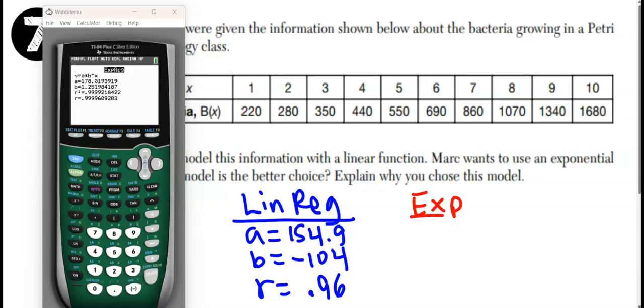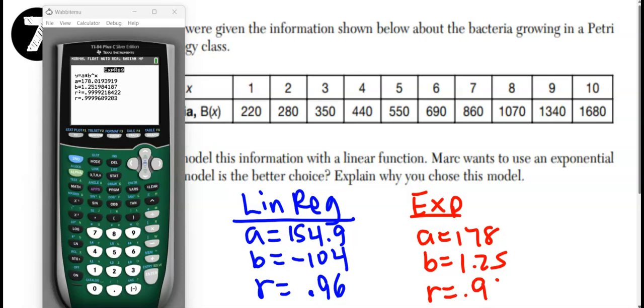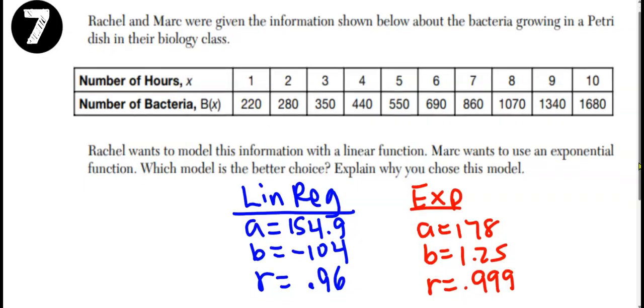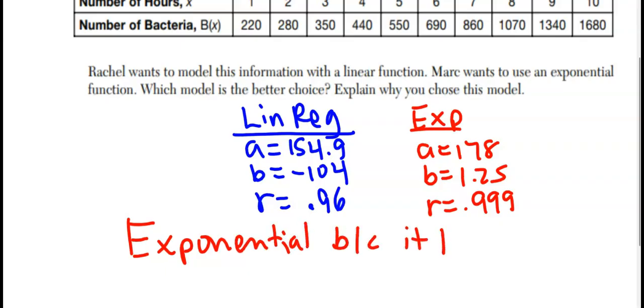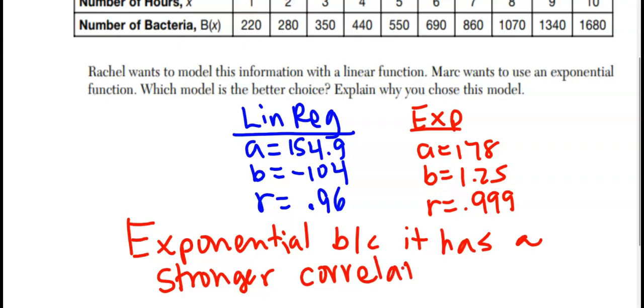Again, you write the A value, you write the B value, and you write the R value. In this case, you could say that an exponential fit would be better because it has a stronger, right, correlation coefficient. And there's the proof.